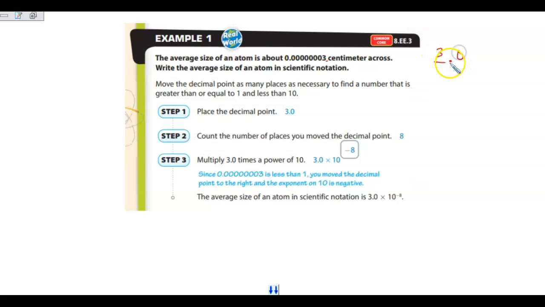And then I could say 3.0 times 10, or because it's a whole number, I can just say 3 times 10, and then we had to move it 1, 2, 3, 4, 5, 6, 7, 8 places. So since it was to the right, it's a negative 8.